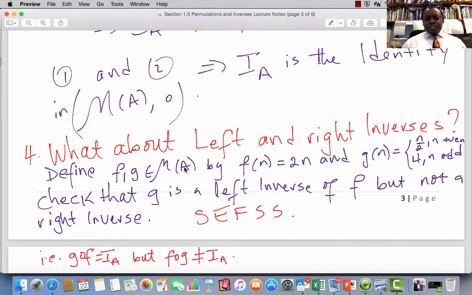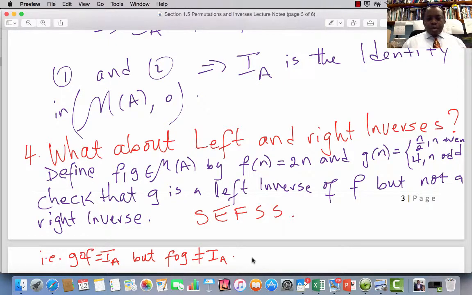The next question: can you find mappings f and g such that f composed with g equals I_A and g composed with f equals I_A? If that happens, then g would be the inverse of f, or f would be the inverse of g.